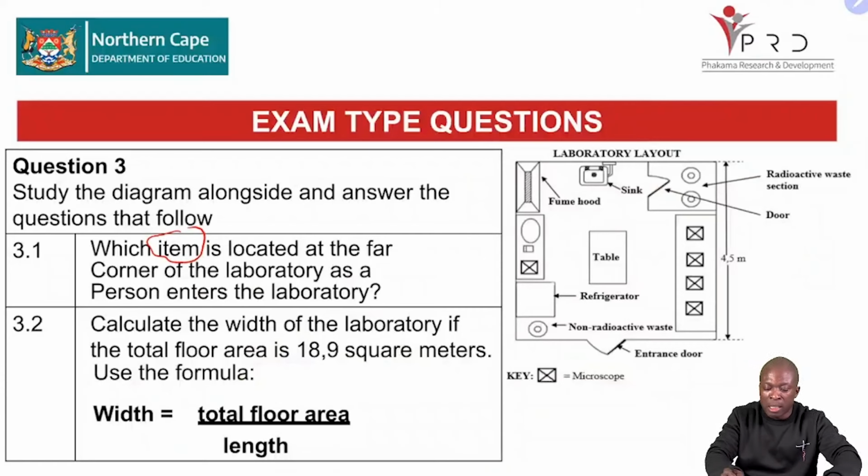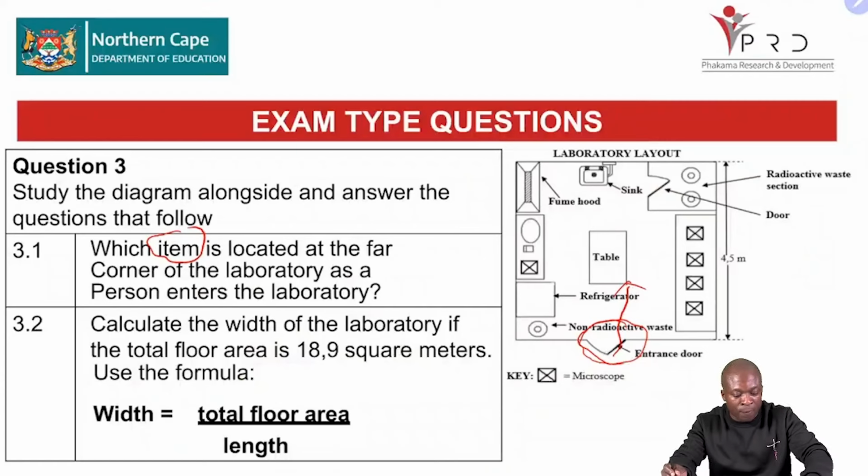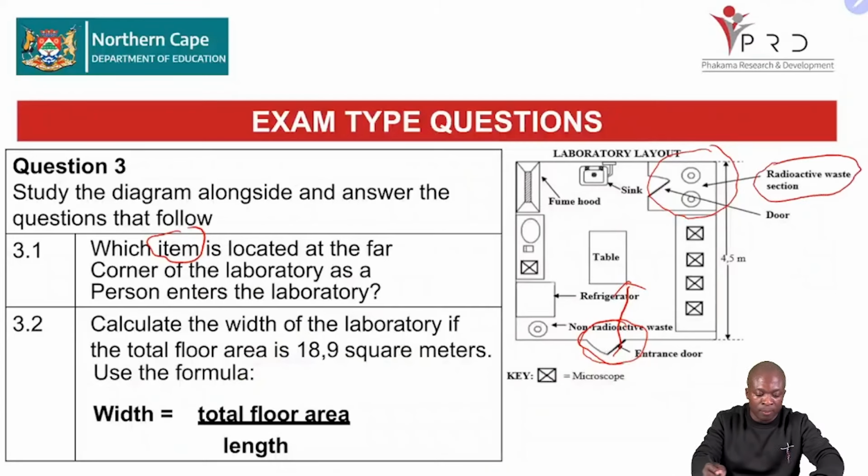So where does the person enter? Here is our point. There is our entrance. So once you enter, which item is at the far corner? So we are expecting that you are able to identify this area. And what is the name? The radioactive waste section.